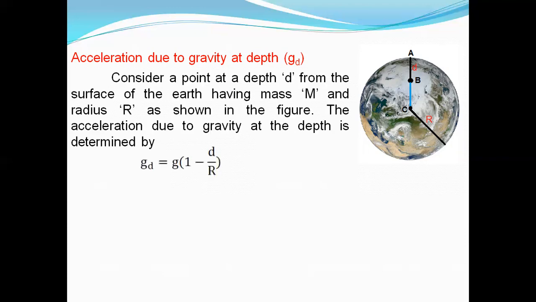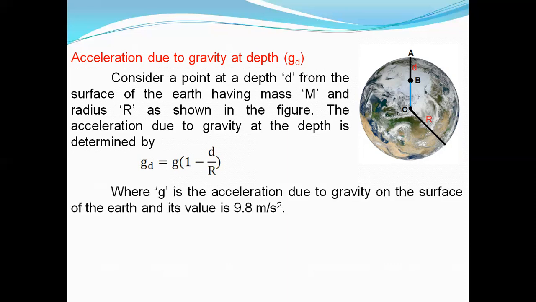This proof you learn in class 11 if you join the science stream. So if you see here, g_d equals g times (1 minus d by R), and g is the acceleration due to gravity at the surface, and its value is 9.8 on average.